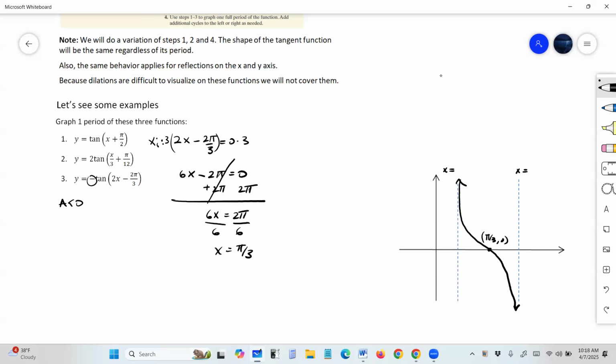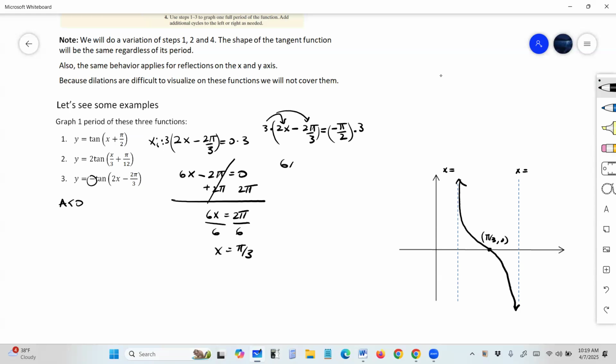Great. Now I have to find the location of the two asymptotes. For the one on the left, you're going to get the information inside the parentheses, and you're going to make it equal to negative pi over 2. And we're going to solve this for x, right? So just as before, to get rid of the denominator, I'm going to multiply both sides by 3. So the 3 is going to distribute here and there.